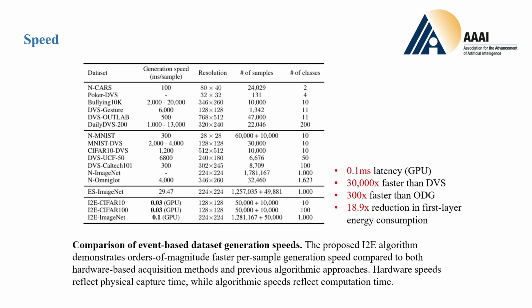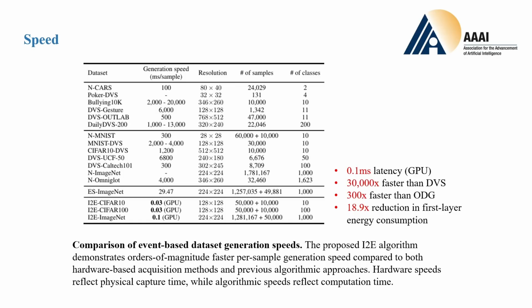Our experimental results confirm the huge efficiency gains of the method. As shown in the comparison, physical device hardware typically requires about 3,000 milliseconds to capture a stable stream. Existing algorithms take around 30 milliseconds, which remains a bottleneck for training. In contrast, I2E completes the conversion in just 0.1 milliseconds.